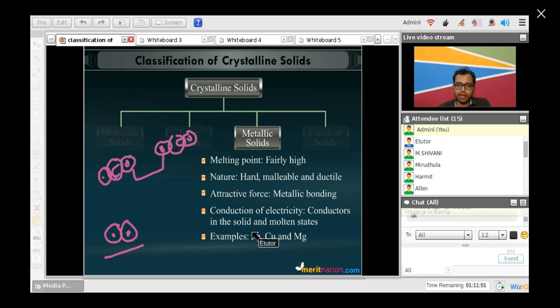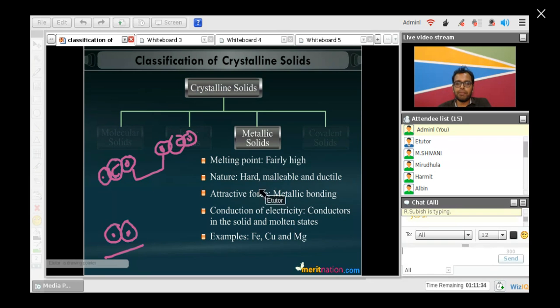That's why they conduct electricity due to the presence of free electrons, right? And if it conducts in the solid state, it can also conduct in the molten state.